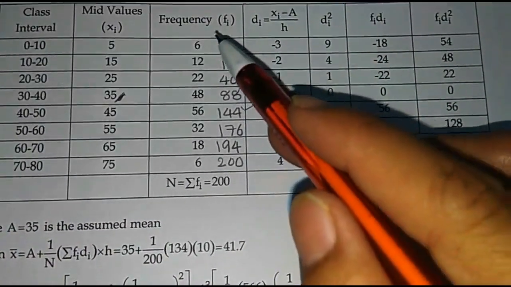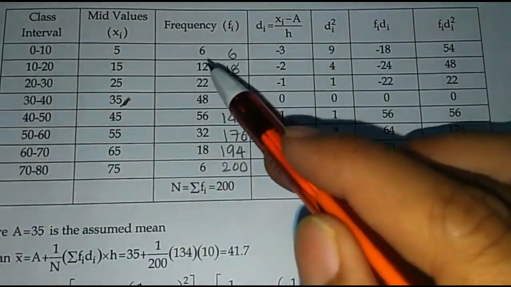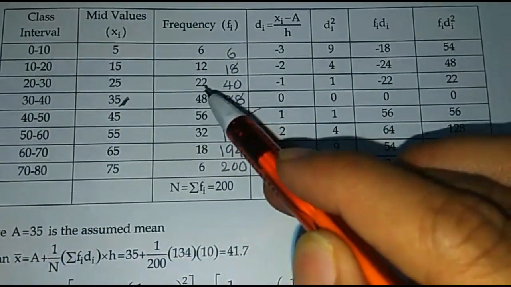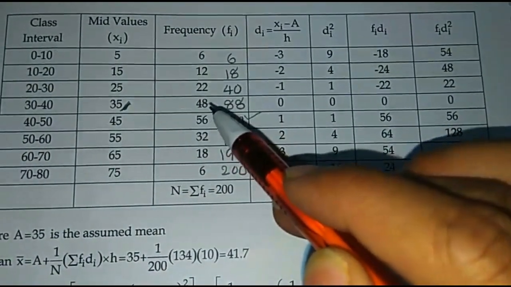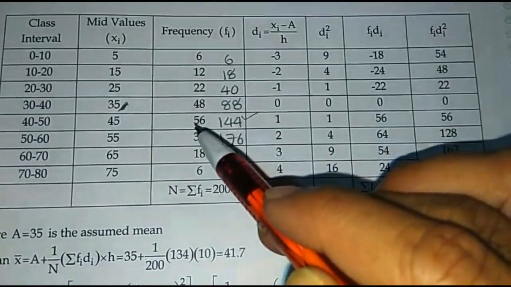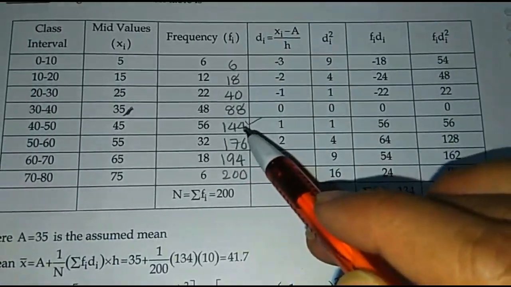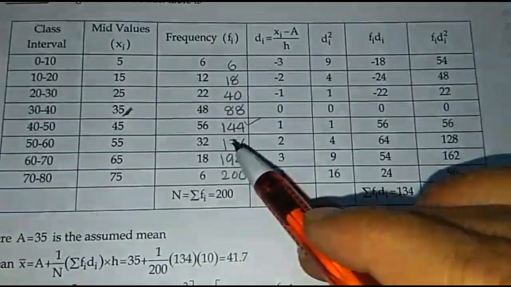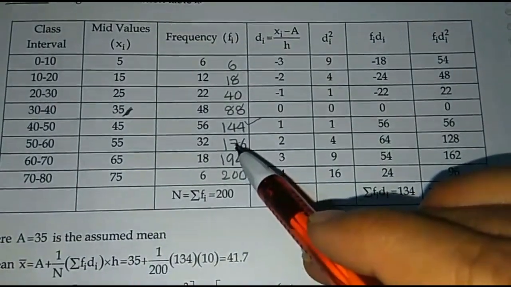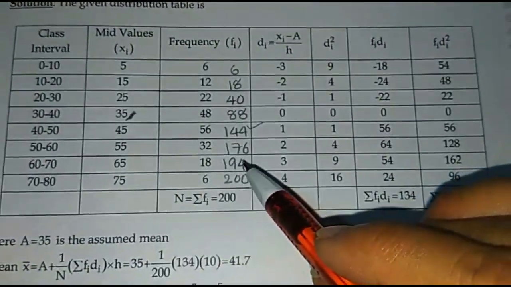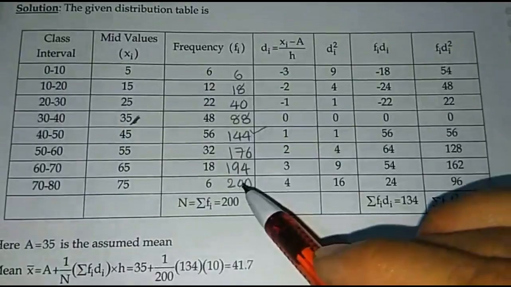Evaluating the cumulative frequencies: 6, 6 plus 12 is 18, 18 plus 22 is 40, 40 plus 48 is 88, 88 plus 56 is 144, 144 plus 32 is 176, 176 plus 18 is 194, 194 plus 6 equals 200.